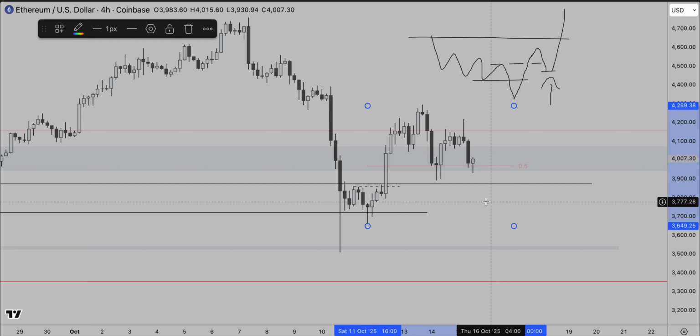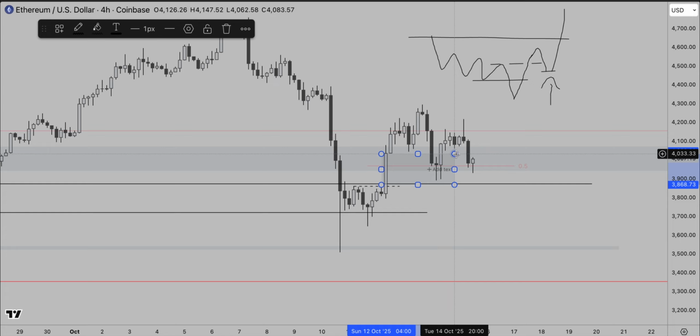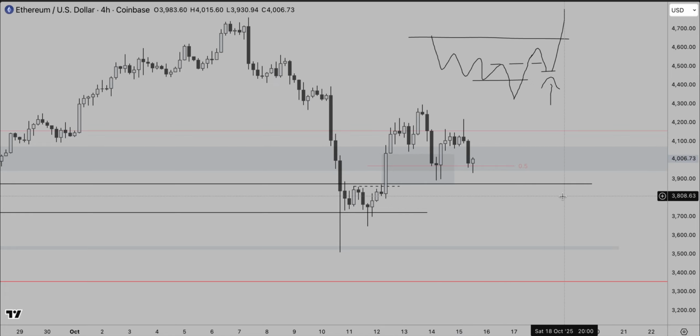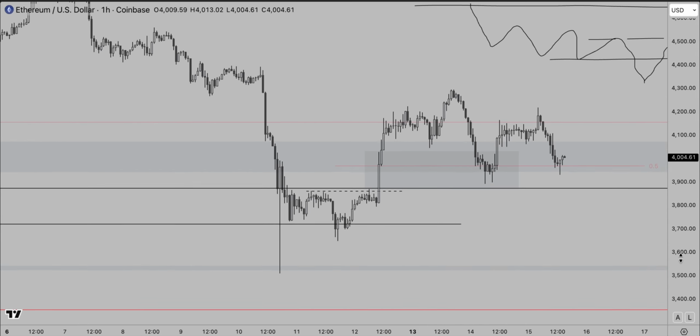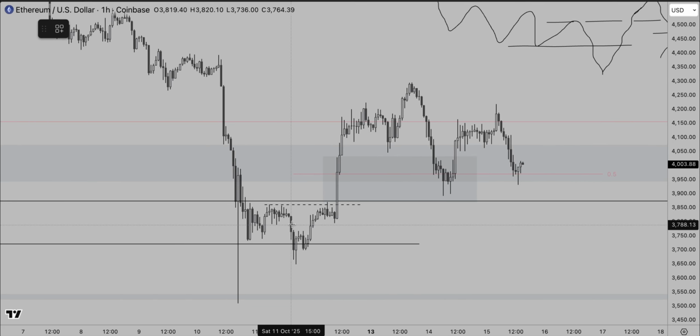And do we have any other key PD arrays? Yes, we do. We have this busy candle down here, also known as a fair value gap, call it whatever you like. So once price came into this area, I was ready to pull the trigger. So we had this move to the upside. Price slowly came back down. I actually went on the 1 hour time frame, and what I did then is I put on my OTE level.